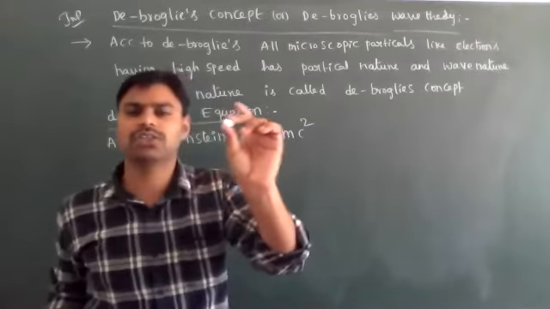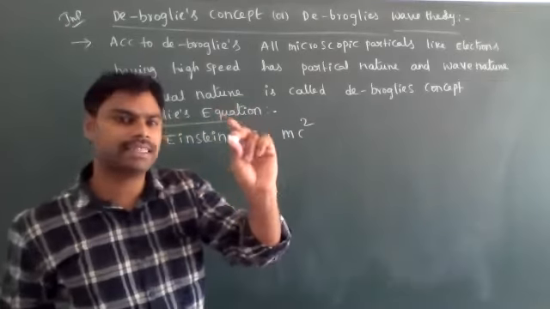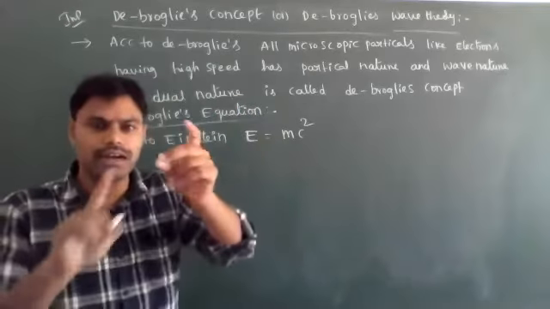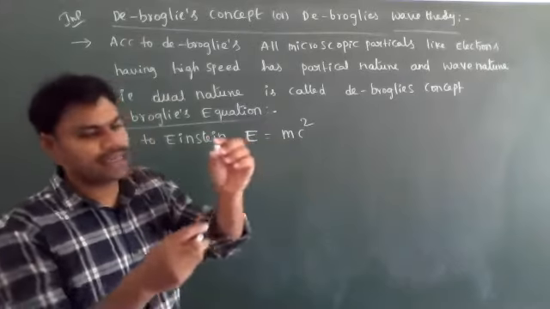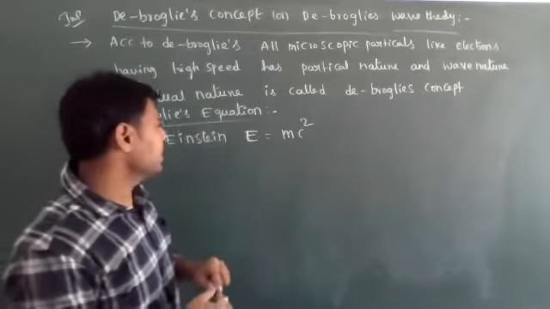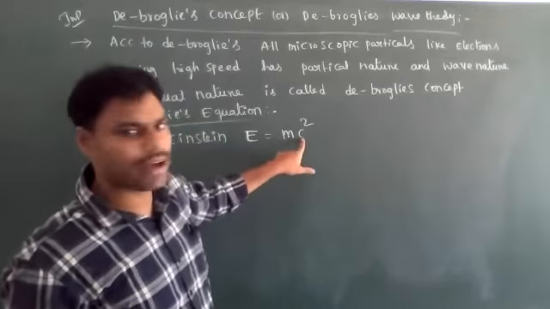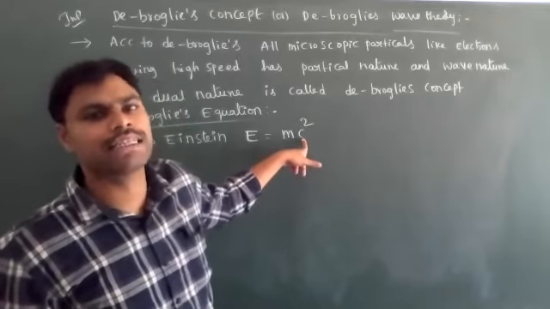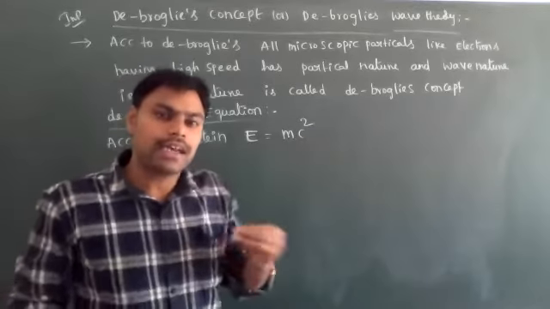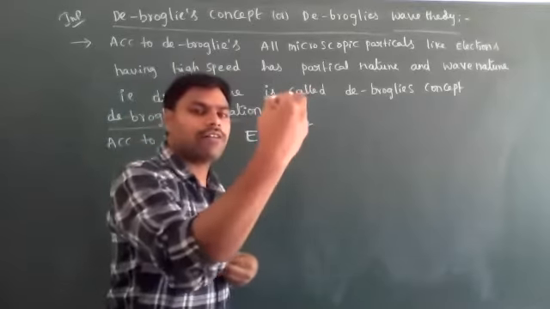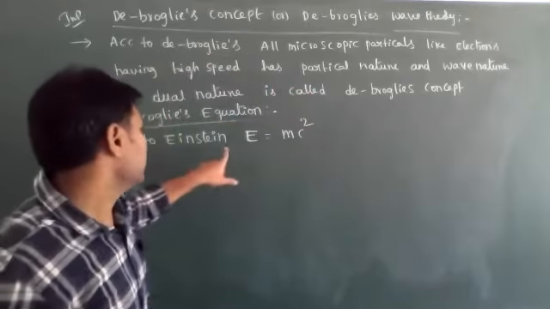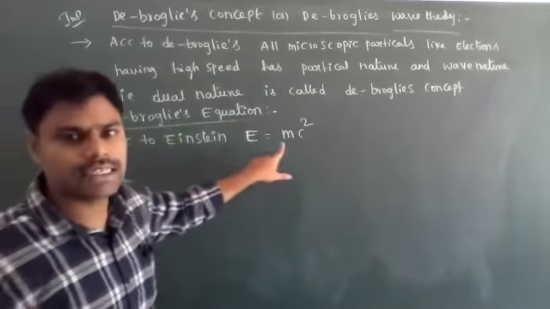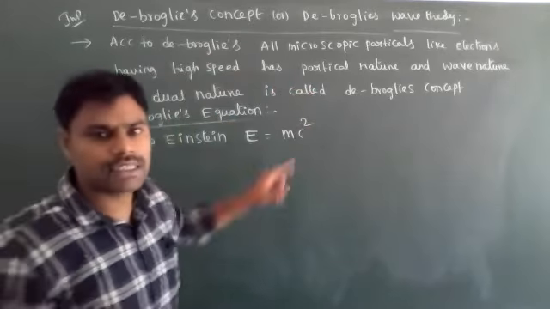For example, this chalk, how much energy does it contain? Einstein proposed it from its mass and velocity. If you burn this compound completely, it produces energy equal to its mass and the velocity of light whole square. That is the first formula, E is equal to mc square.